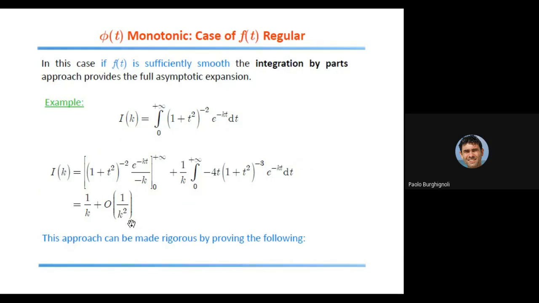Being of the order 1 over k squared, it is negligible, much smaller than the term 1 over k, which comes from the finite part here. So we have found the first term in a high-frequency asymptotic expansion. If we were interested in the next terms, we could proceed again integrating by parts. So we iterate the procedure.